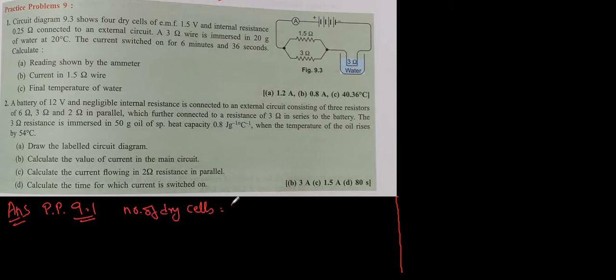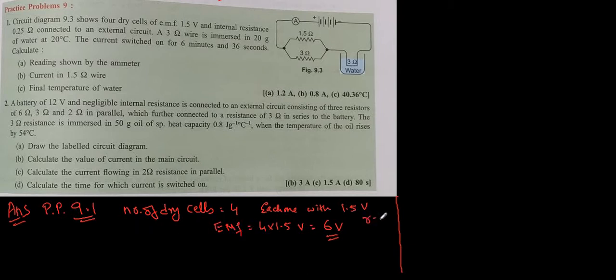Number of dry cells, how many are there? 4 are there, and each one with 1.5 volt. So total EMF will be what? EMF will be 4 multiplied by 1.5 volt, that is going to become 6 V.